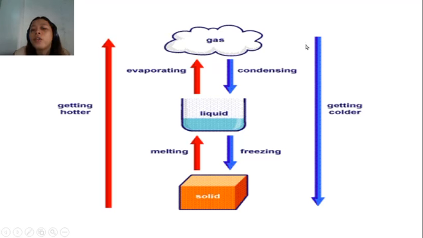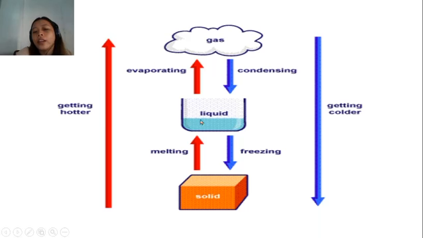And then, when it's getting colder, for example in the morning when it is cold, or let's say it rains, the gaseous form converts into liquid through the rain, through the process of condensation.